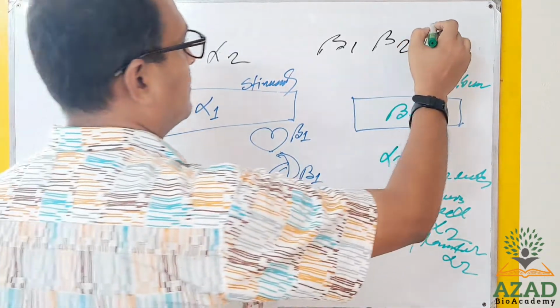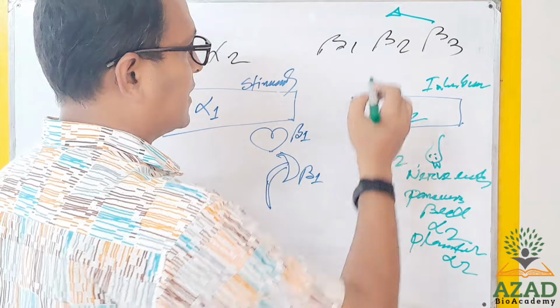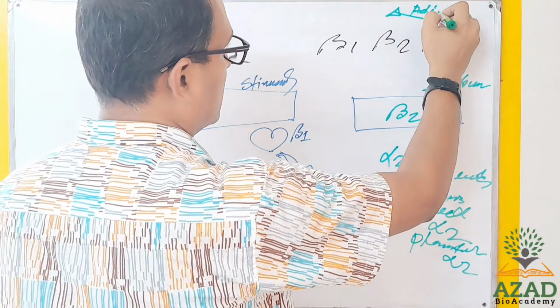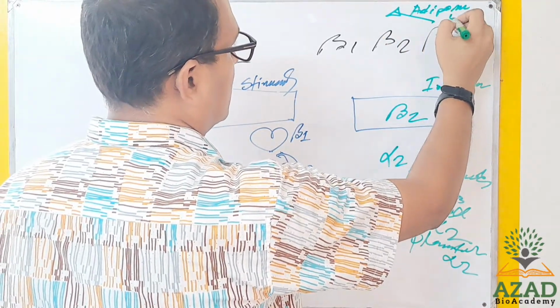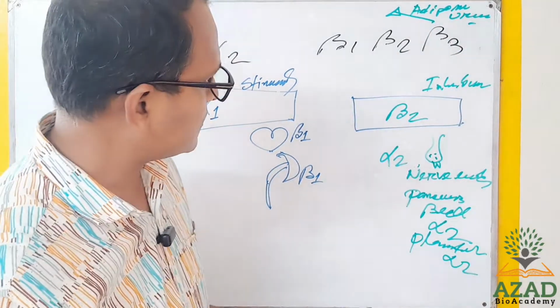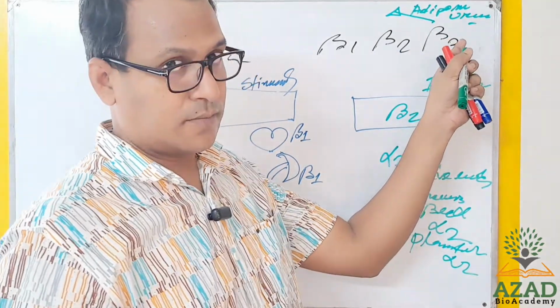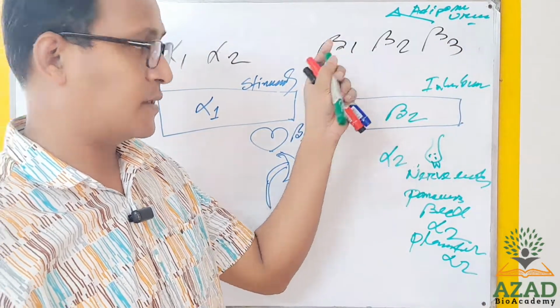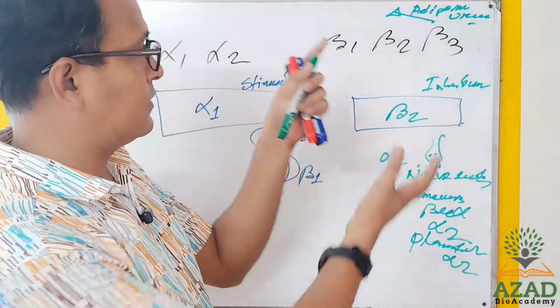And here beta 3 is basically present in adipose tissue, urinary bladder, and other places. It is almost the identical structure of beta 1, so activity should be like that.